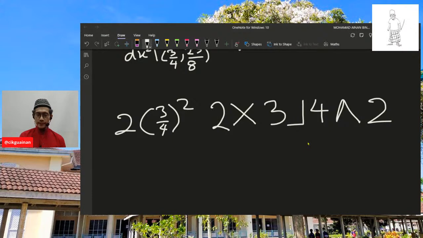The correct way is to put the bracket over here. So it's supposed to be 2 multiply bracket 3 fraction symbol 4 another bracket and then power 2.